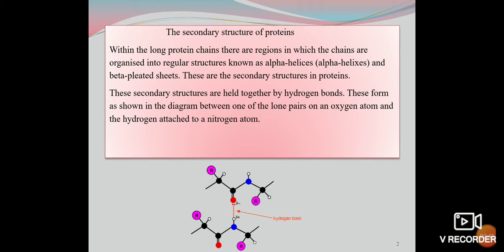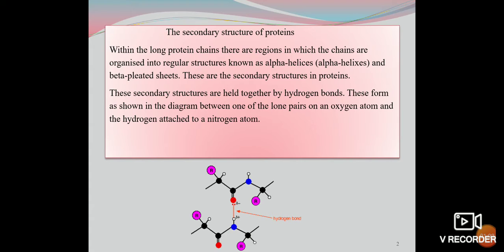These are secondary structures in proteins. It means the secondary structure of proteins is again classified into two kinds of structures, that is alpha helices and beta pleated sheets. These secondary structures are held together by hydrogen bonds.